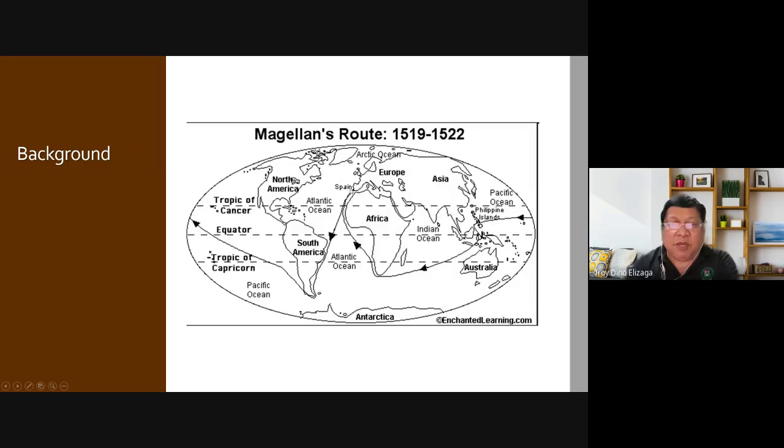From Spain, he went to South America and then crossed the entire Pacific Ocean, only to end up in the Philippines and get harassed by Lapu-Lapu and his henchmen. And so they escaped to Borneo and then Africa and then back to Spain.